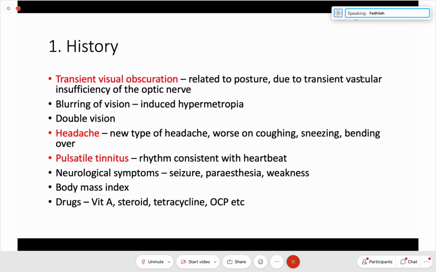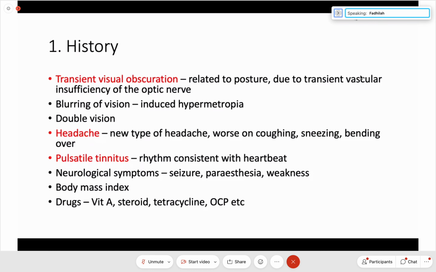And for neurological symptoms, inquire about whether there's any history of seizures, paraesthesia of the hands and limbs, of the legs, and any weaknesses or any change of sensation in the upper limbs and lower limbs. And ask about body mass index. Don't be shy to ask about this.